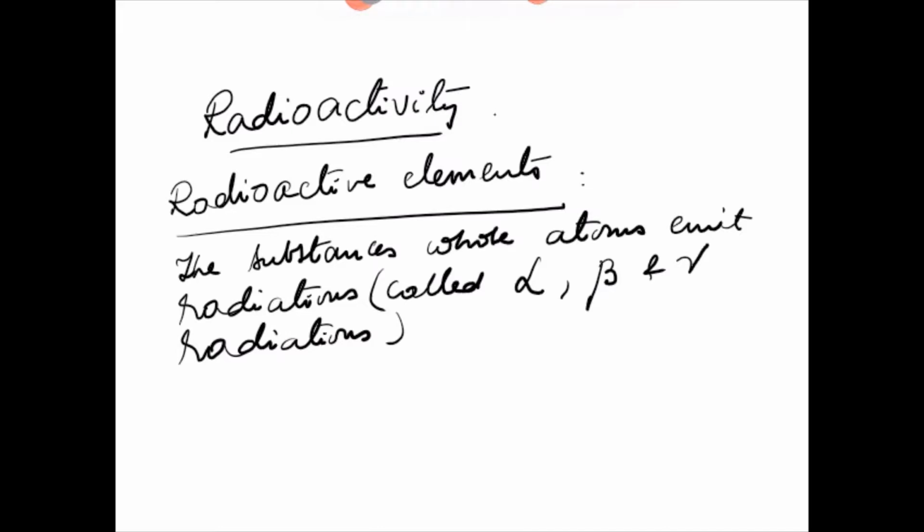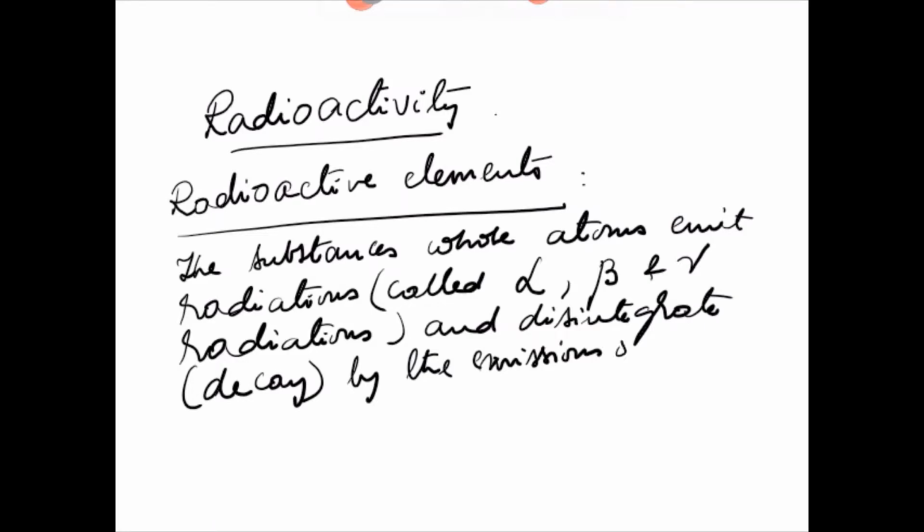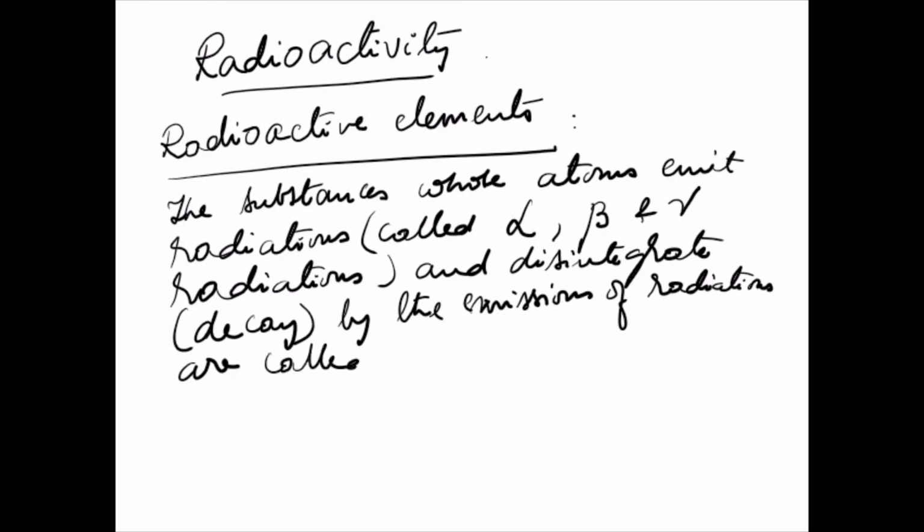Substances whose atoms emit radiations and disintegrate, or another word for disintegrate is decay, by the emission of these radiations, are called radioactive substances.